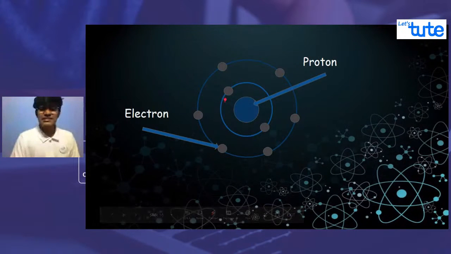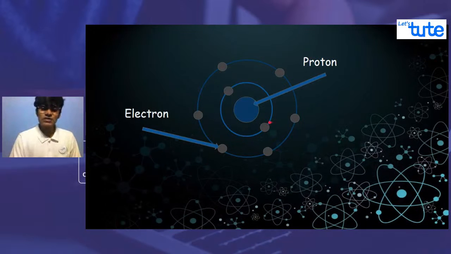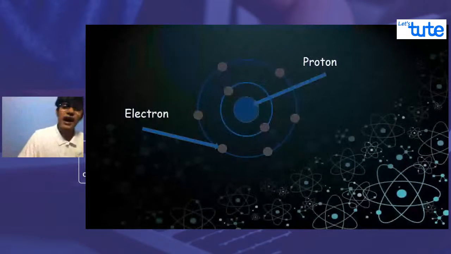As you can see, there are discrete orbits and electrons are revolving around the nucleus. While they are revolving in discrete, separate orbits, they are not radiating energy. Okay, so I hope this thing is very clear to you guys.